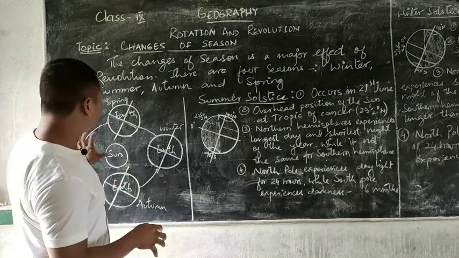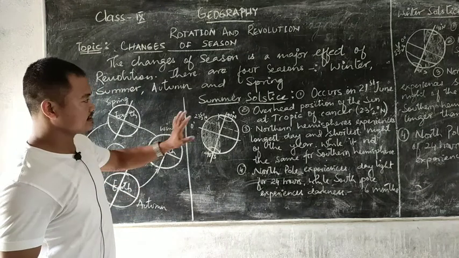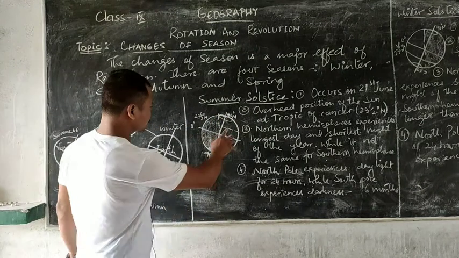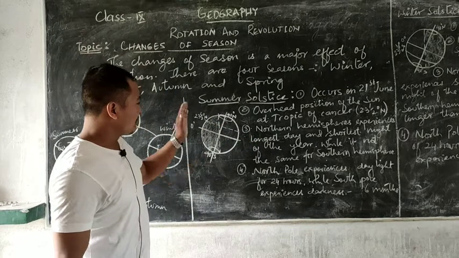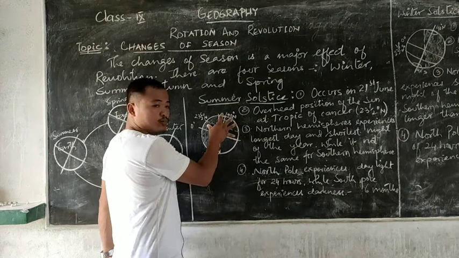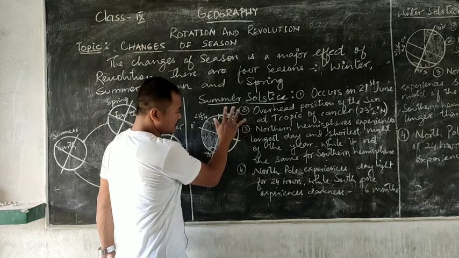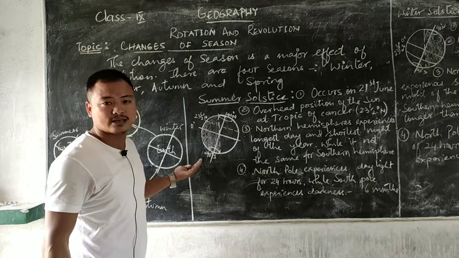Now, taking one diagram each from these positions in respect to the sun, let us discuss in detail. We first go with the summer season, as summer solstice. At this point of time, we see that the northern portion of the globe is inclined towards the sun, while the southern portion has moved a little away from the sun.